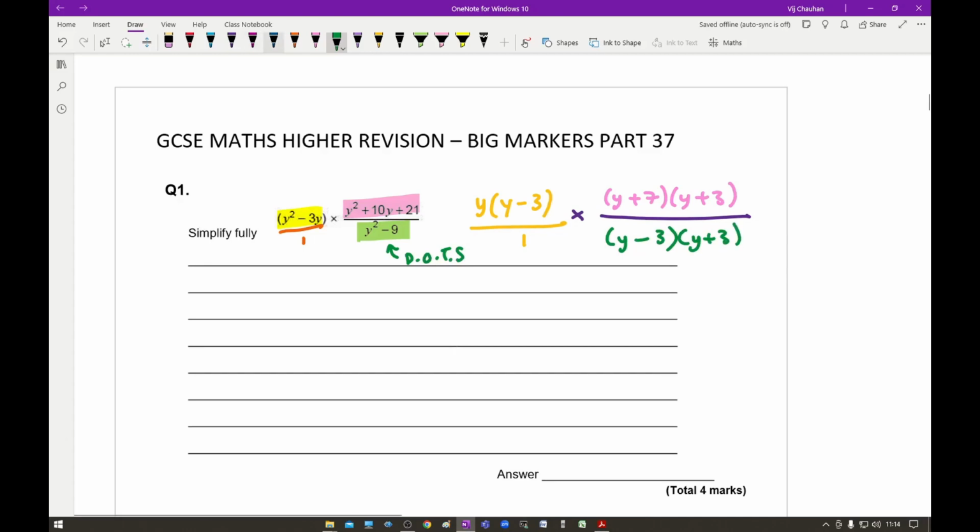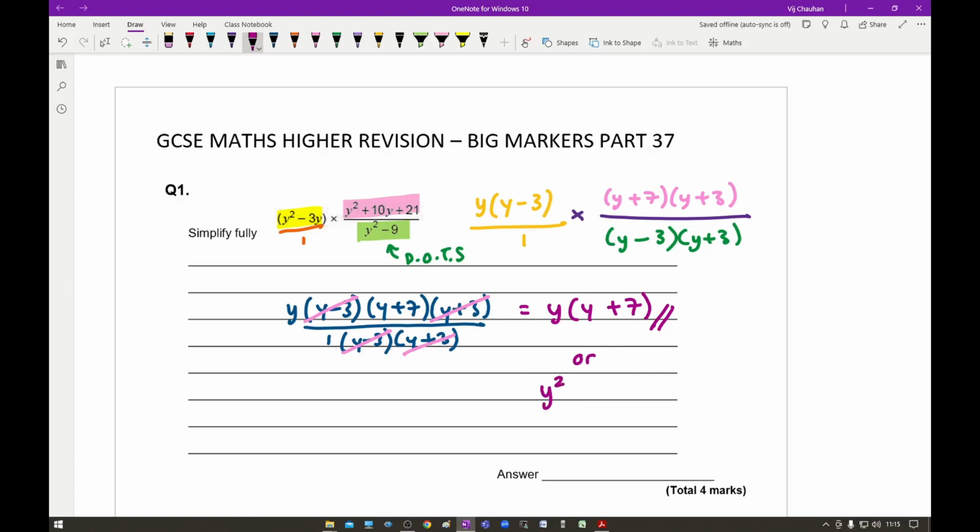As we're multiplying fractions, I'm multiplying the numerators together and the denominators together, which leaves me with y minus 3, y plus 7, and y plus 3, all over 1 times y minus 3, y plus 3. All that's left is to cancel the common brackets. So I've got y minus 3, y minus 3, y plus 3, y plus 3, and that leaves me with y lots of y plus 7. I could leave my answer like that, or I could expand the brackets and have y squared plus 7y. Either of those 2 answers would be absolutely fine.